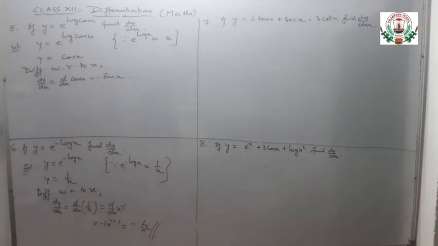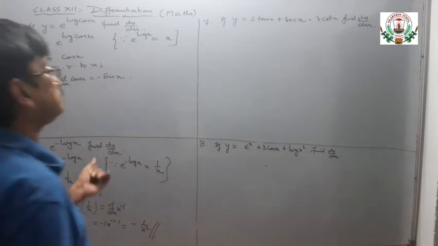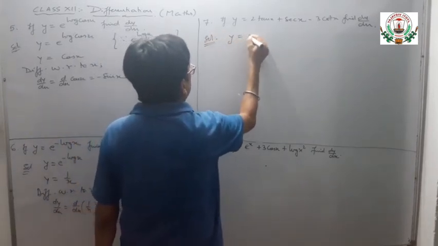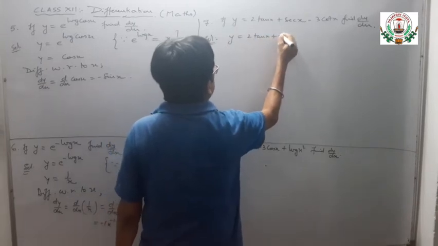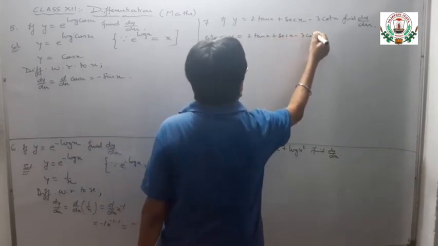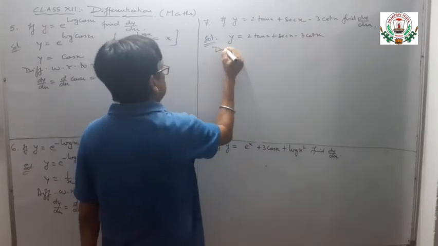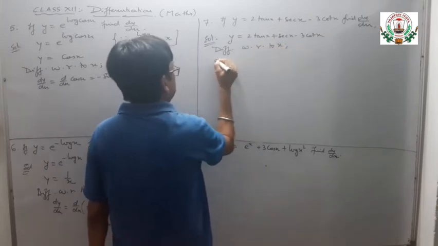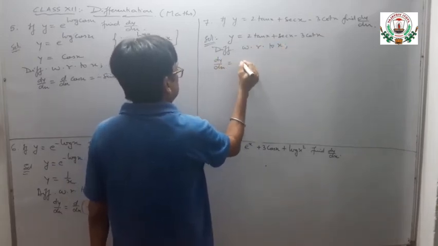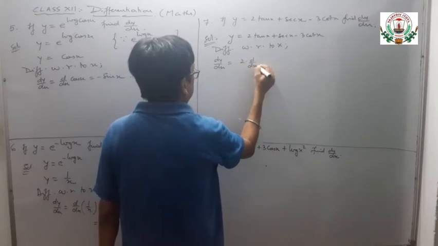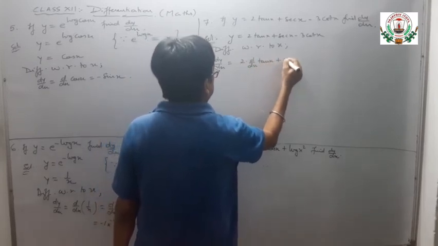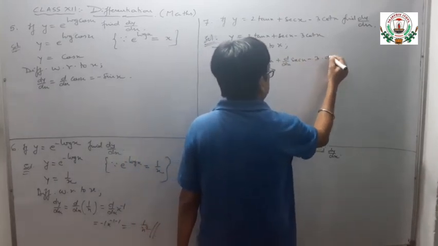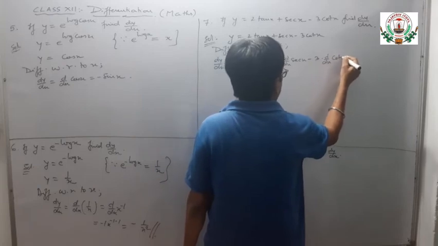Next question number 7. Here it is given that y is equal to 2 tan x plus sec x minus 3 cot x. So differentiating with respect to x, we have dy by dx is equal to 2 into d by dx of tan x plus d by dx of sec x minus 3 into d by dx of cot x.